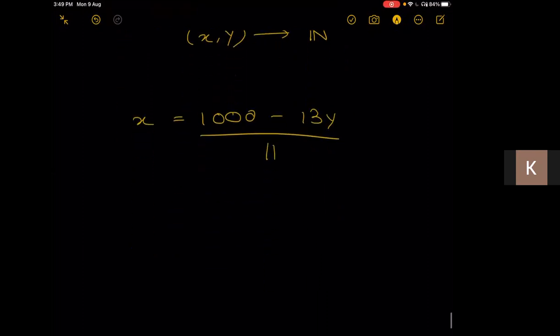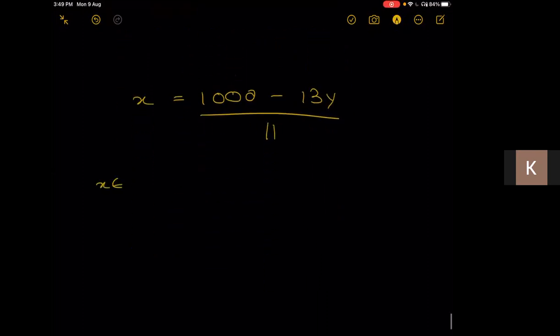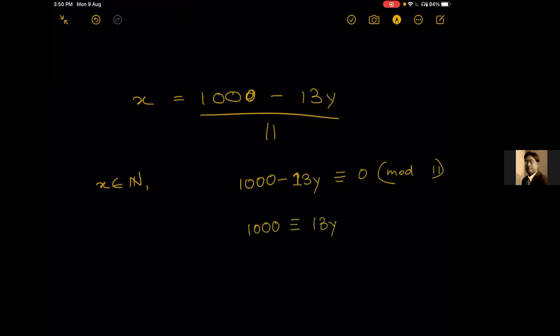After that, what you said? Yes, sir. So, 1000 minus 13y is congruent to 0 mod 11, so 1000 is congruent to 13y mod 11.